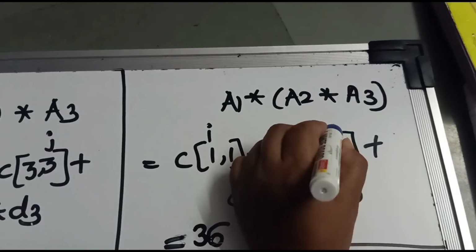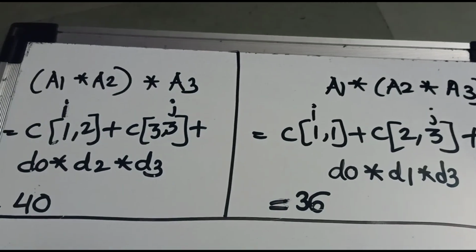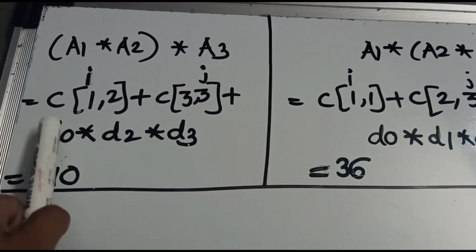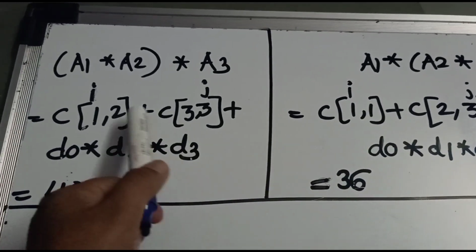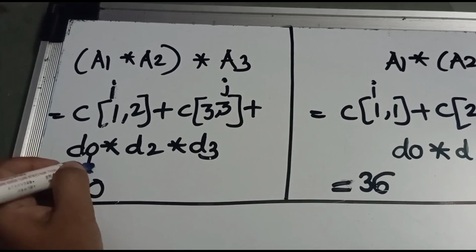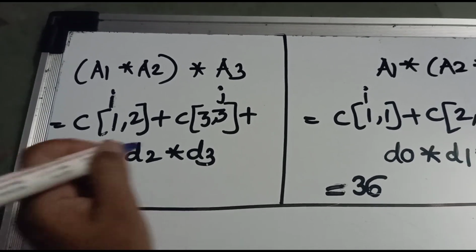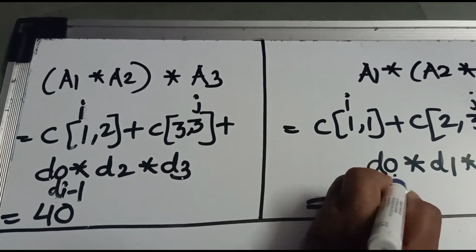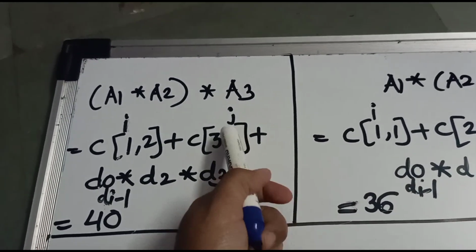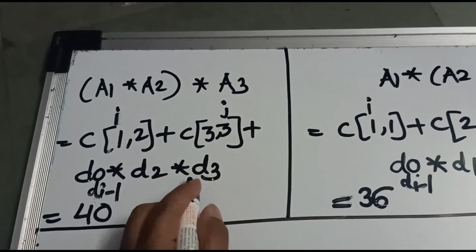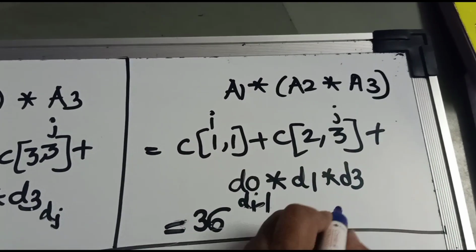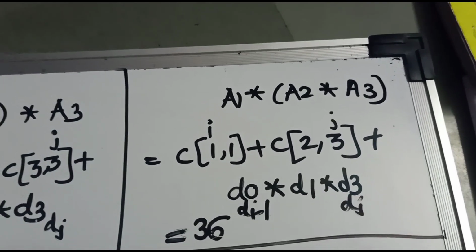Also this 3 as j. If i is 1, d0 is common, so I can write d0 as d of i minus 1, exactly the same way here. For d3, the value of j is 3, so d3 can be written as dj, and here also dj.